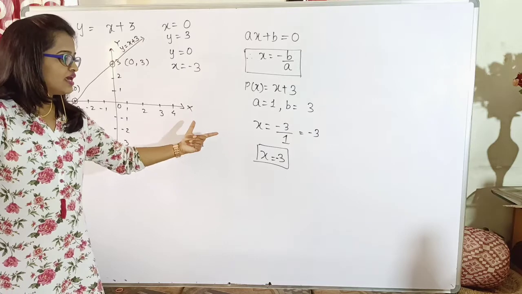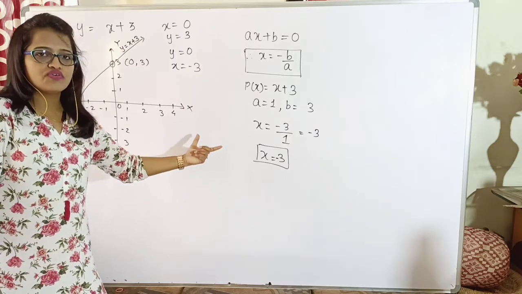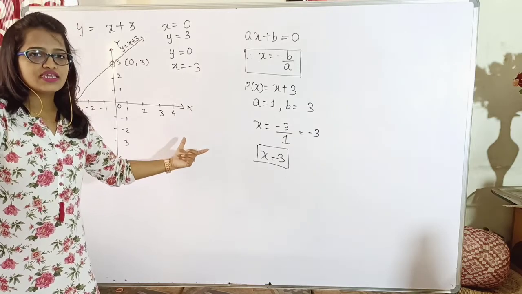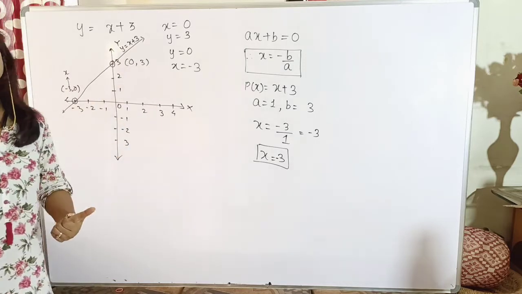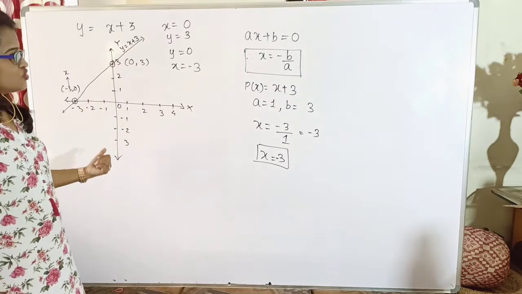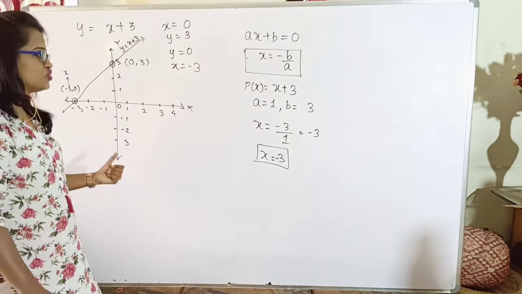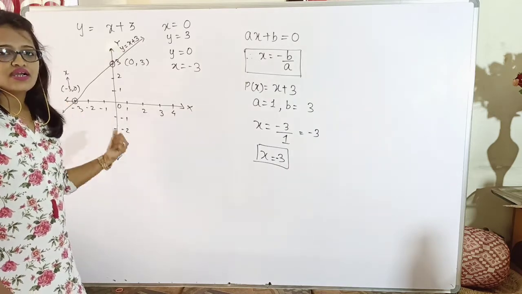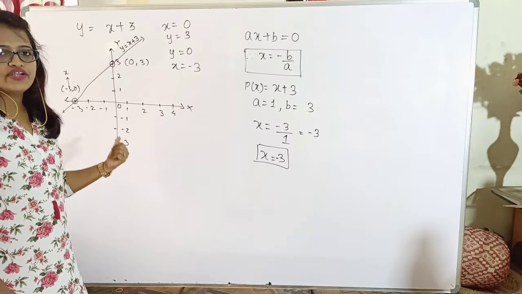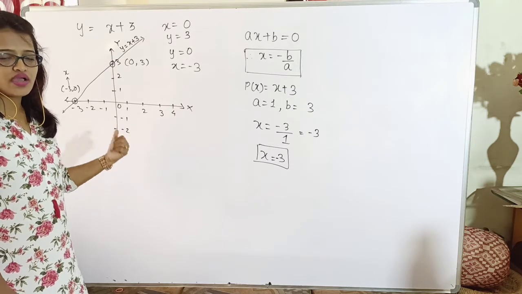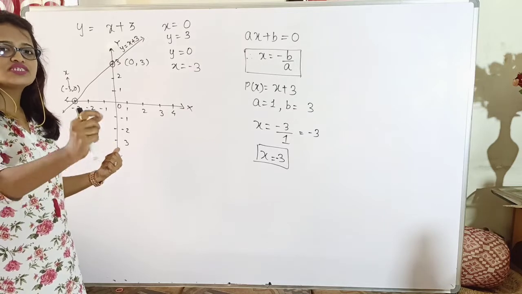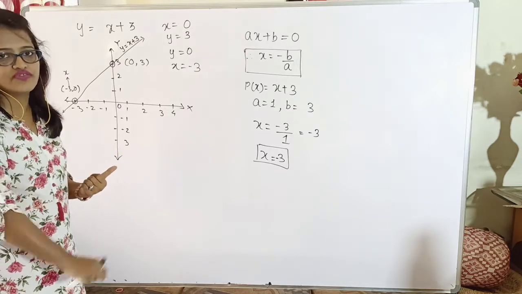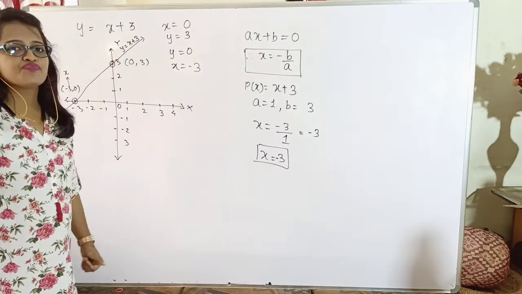Yes, so I can say that the zero of the linear polynomial is the value where the graph intersects the x-axis. Okay, so you can check it for other values also, you will get this same answer. It is the point where the graph intersects the x-axis, and that point or that value is said to be the zero of the given polynomial, which we have verified.